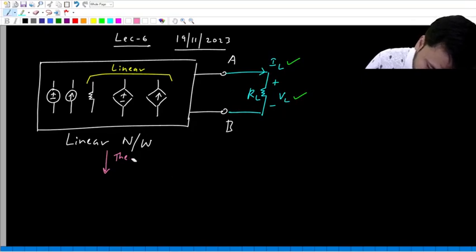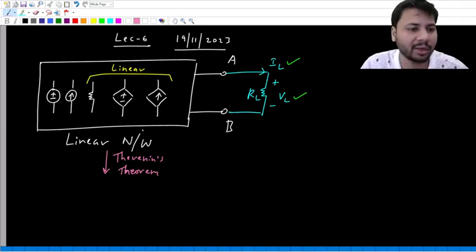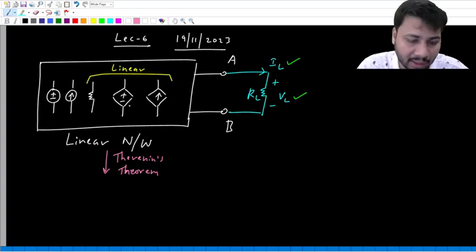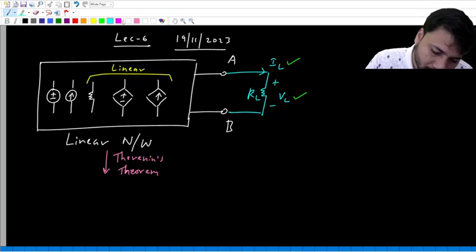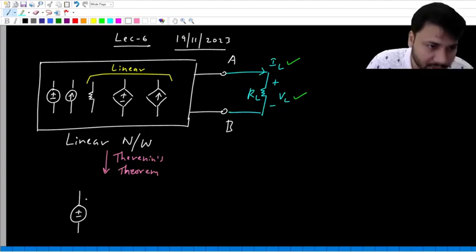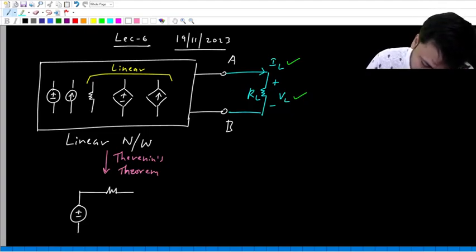According to Thevenin's theorem, if you have a linear one-port network, but you are not interested in voltages and currents within it, then you can always replace it with a much simpler network which contains just one voltage source in series with one resistance.